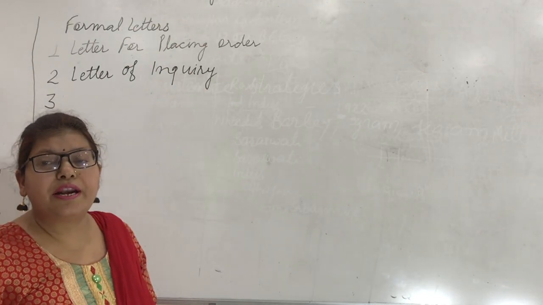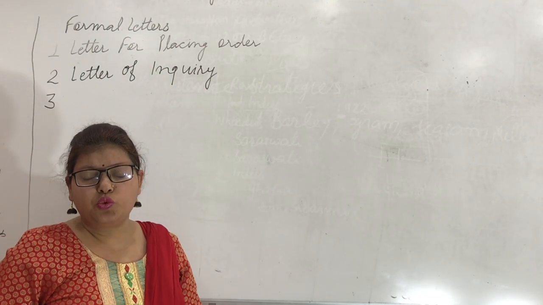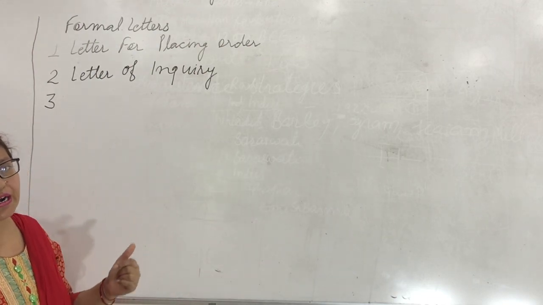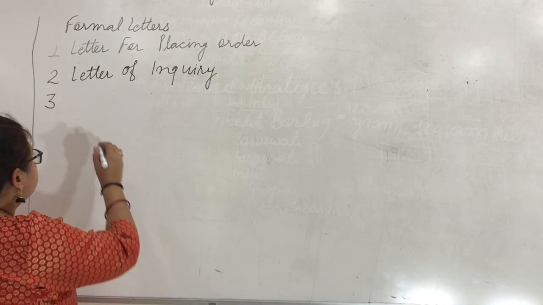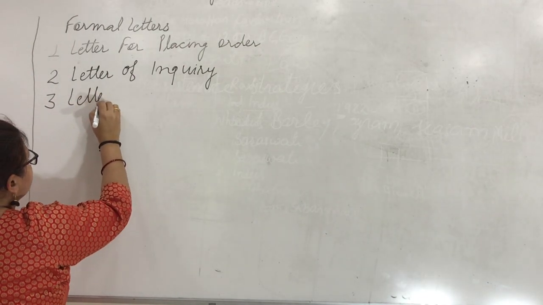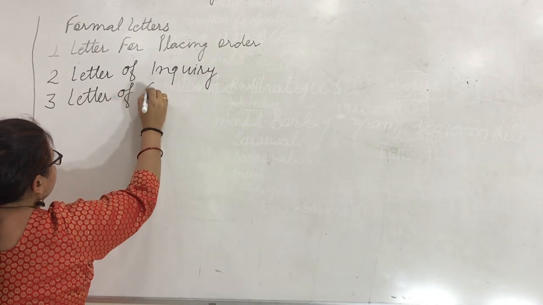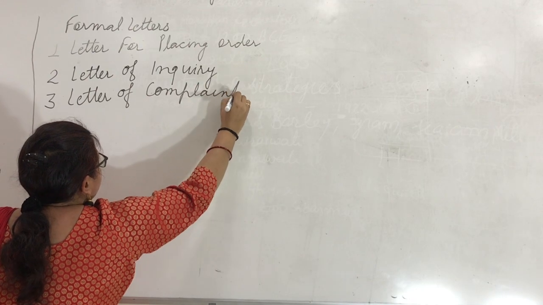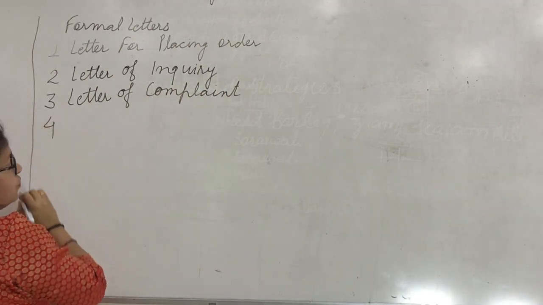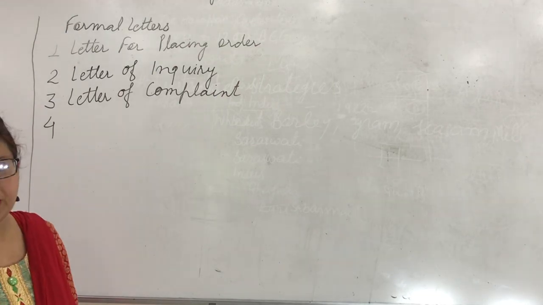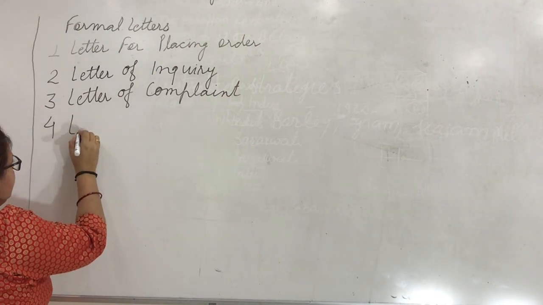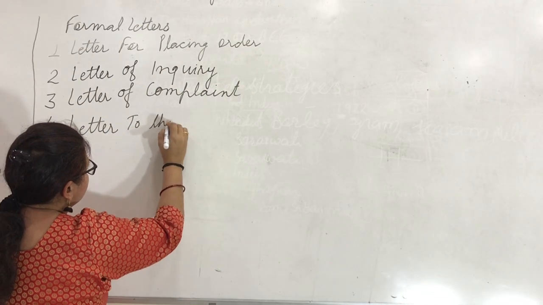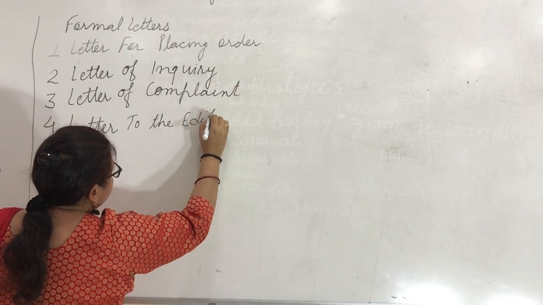Third is letter of complaint. By chance you want to file any complaint against somebody, then the third kind of formal letter is letter of complaint. And fourth is letter to the editor.